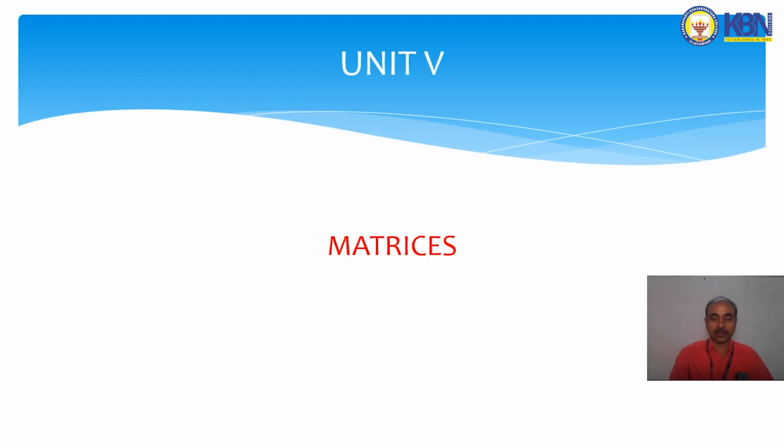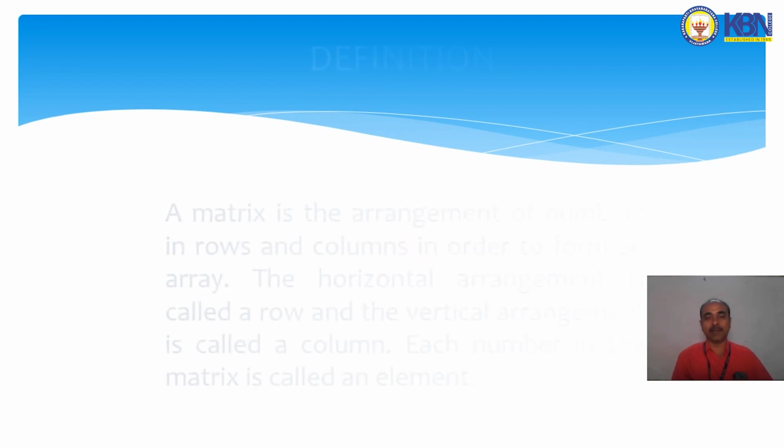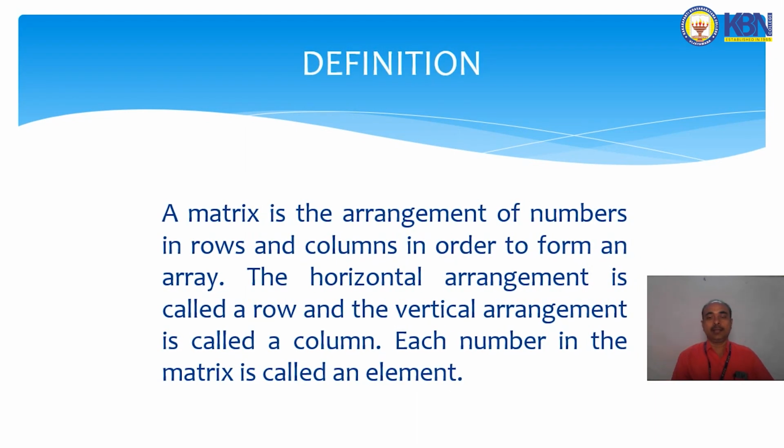matrices. Let us learn about what is a matrix, how the matrices are arranged, what the elements in a matrix are called. Matrix is the arrangement of numbers in rows and columns in order to form an order.